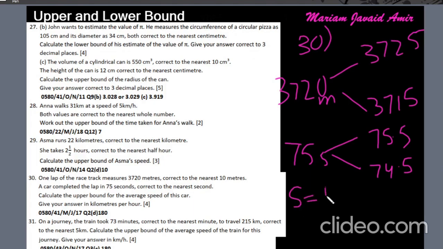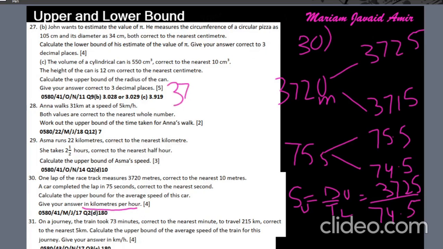Speed is distance over time. We need the upper bound. So distance in upper bound and time in lower bound. So 3725 divided by time in lower bound, 74.5. But we're not done yet. The question says give your answer in kilometers per hour.